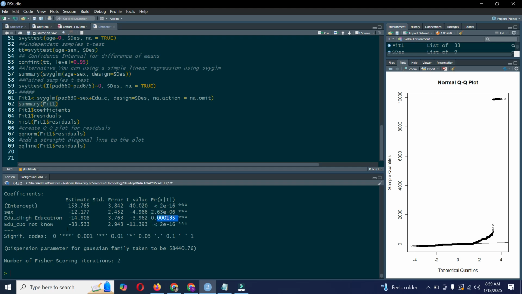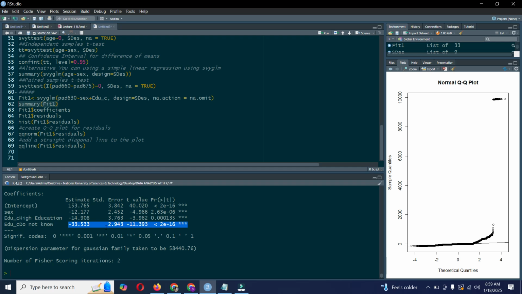For the don't know category, we don't need any interpretation, but you will need to include this category. Otherwise, your data will be lost if you are excluding this category from the analysis.